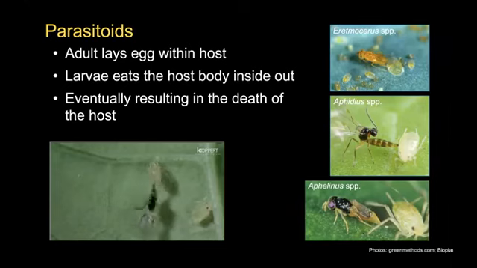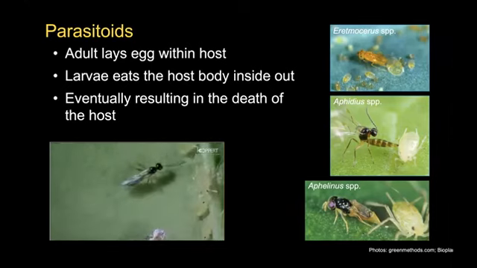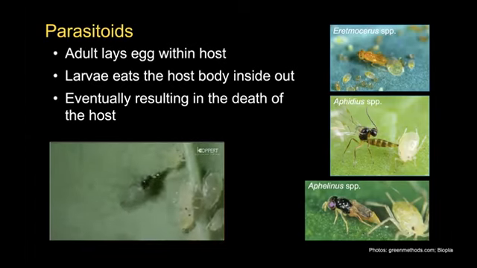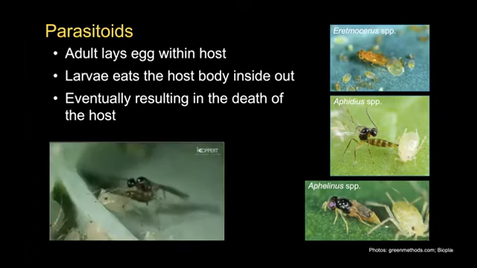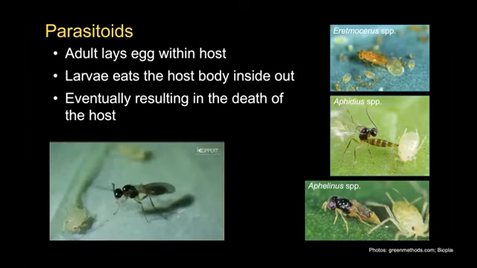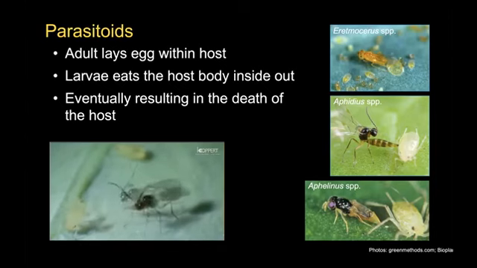And once it selects that host, it uses that ovipositor to deposit the egg within the body of aphids. And once the egg hatches within its body, it eats the whole body inside out, and eventually results in the death of the host.